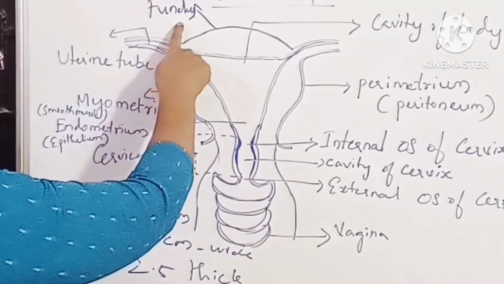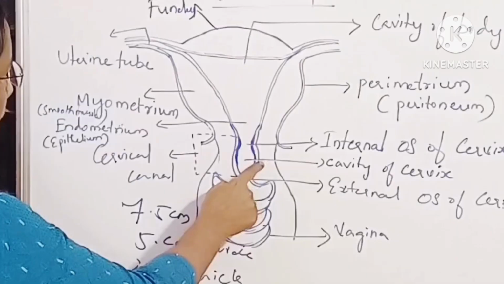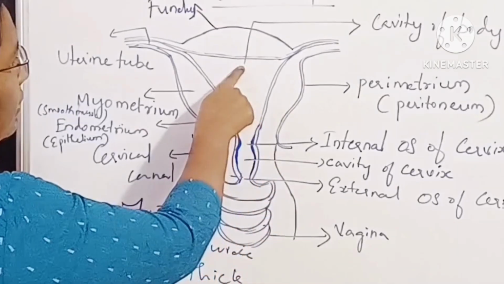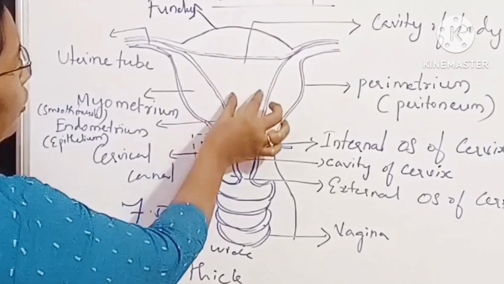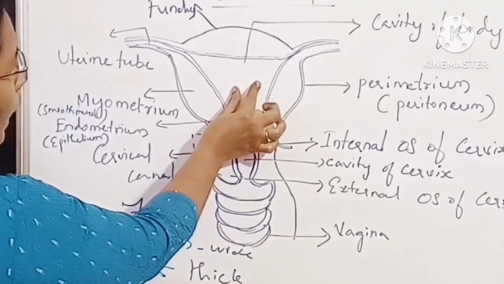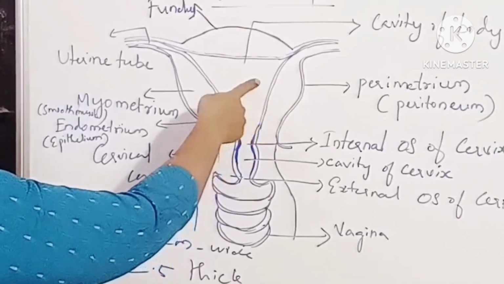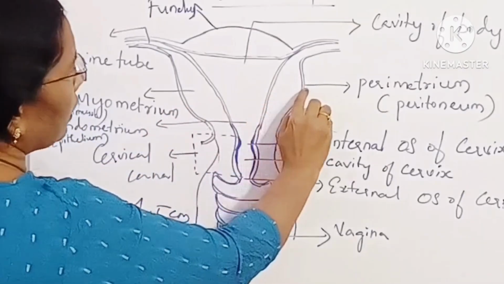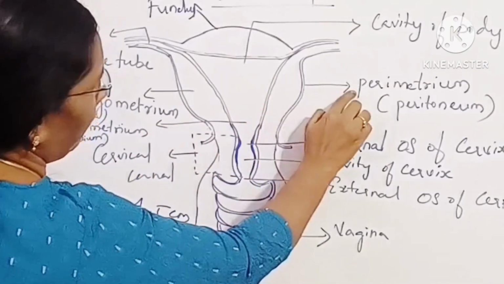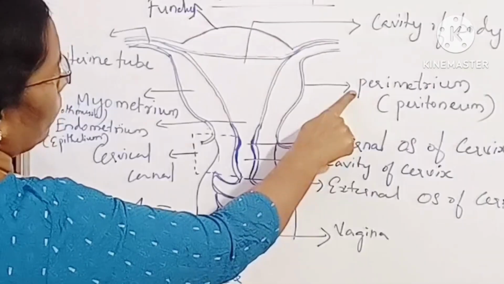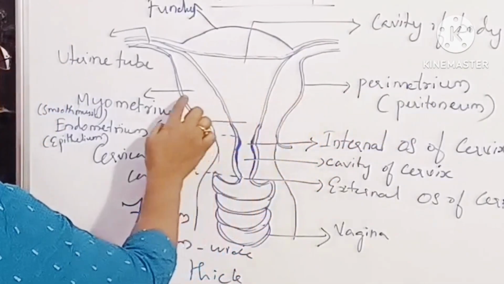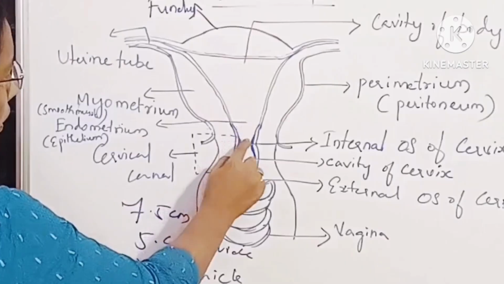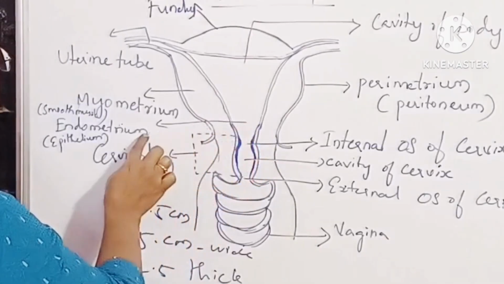Fundus, body, cervix, vagina. This one is the body of the uterus. These are the uterine tubes. The outer covering is the perimetrium or peritoneum. The middle covering is the myometrium. The inner covering is the endometrium.